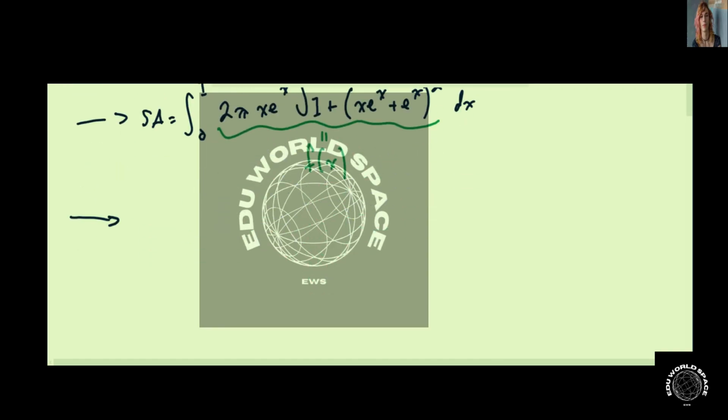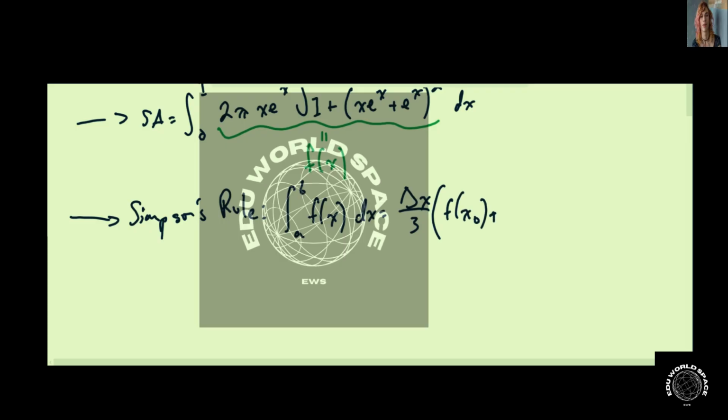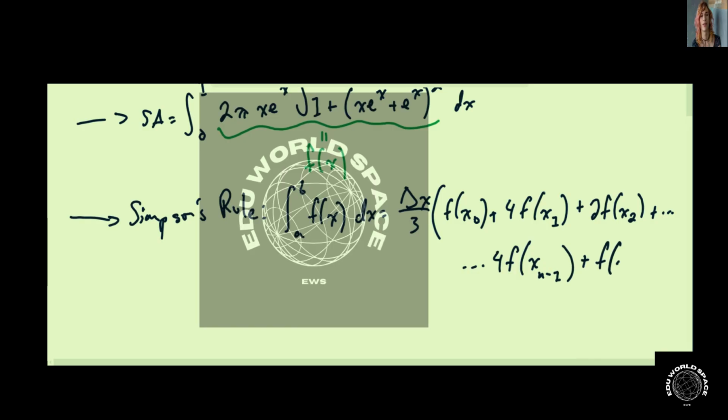Now for Simpson's rule, the approximate area under some function will be equal to the change in x divided by 3 times f of x naught plus 4 f of x1 plus 2 f of x2 plus, and so on until the pattern continues, f of x n minus 1, plus f of xn.